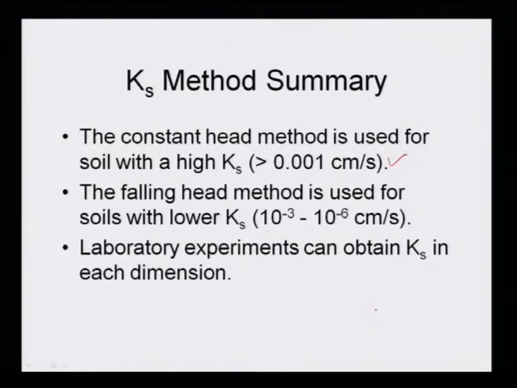Falling head method indirectly says that it is for fine grained soil. This is for coarse grained soil. A laboratory experiment can obtain Ks in both dimensions, meaning the coefficient of permeability.